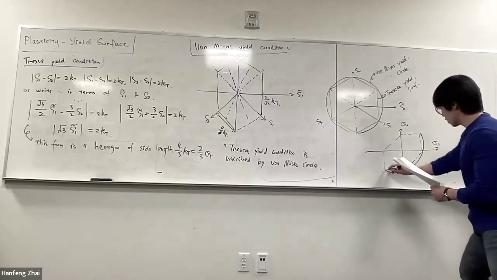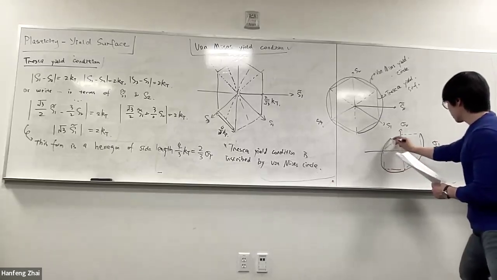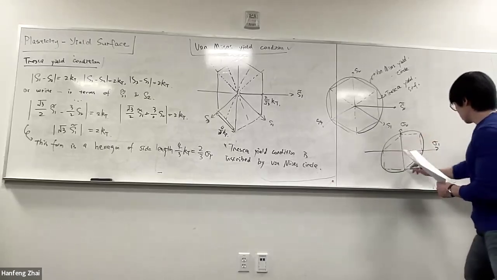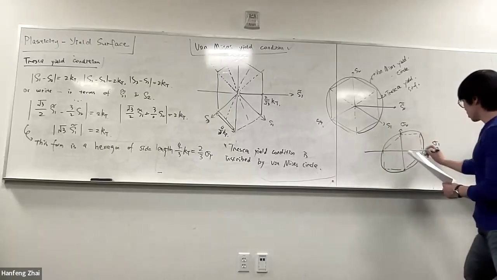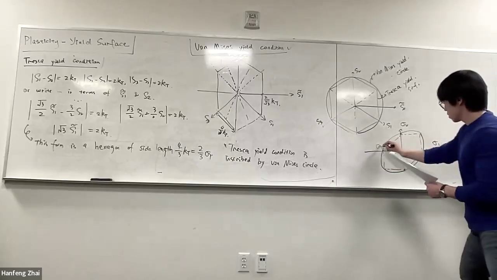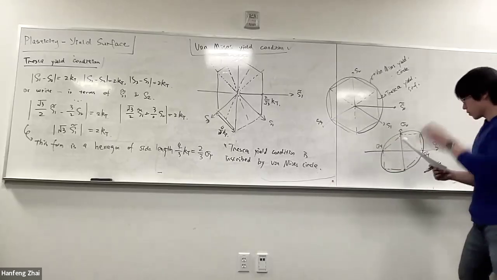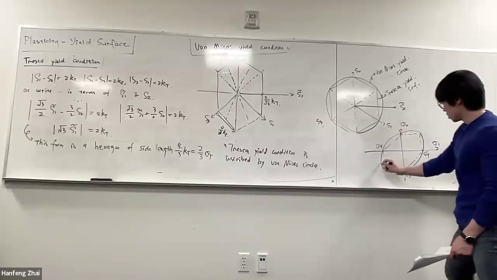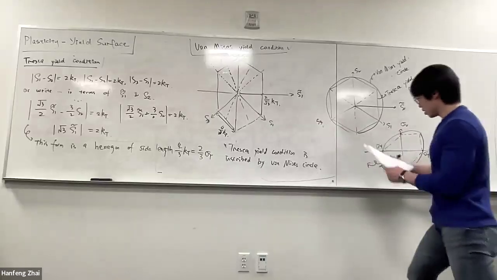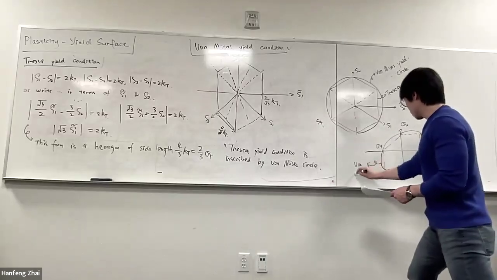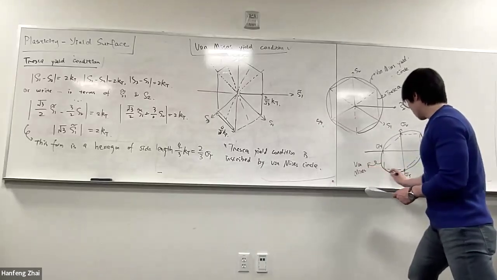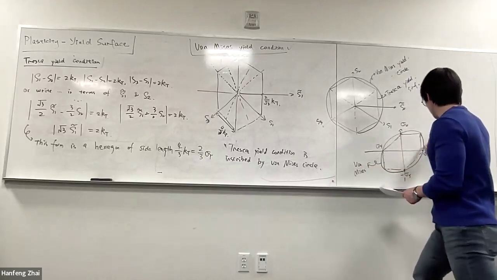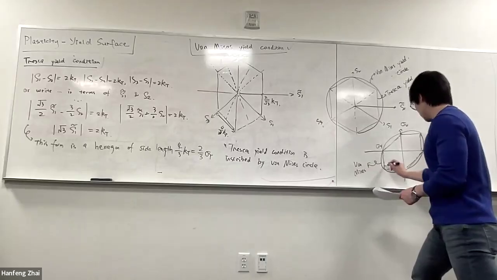Just to clarify, this is the von Mises, and this is the yield stress sigma y. Is minus sigma y, right? And so this would be the von Mises. And this, the internal one, that is being inscribed, the Tresca.